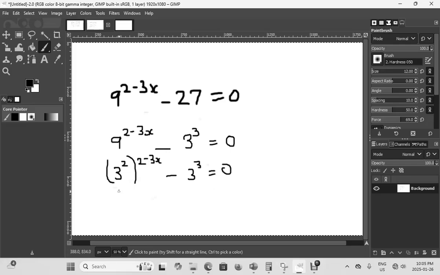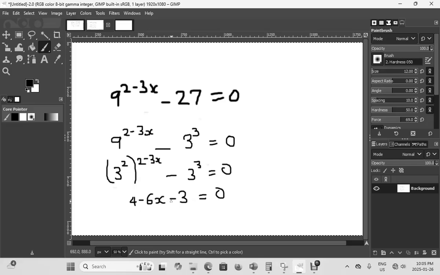Equals 0. To solve for the exponents, you simply multiply the exponent inside the bracket with whatever is outside the bracket. So 2 times 2 is 4, minus 3 times 2 is 6, so 6x, minus 3 equals 0.